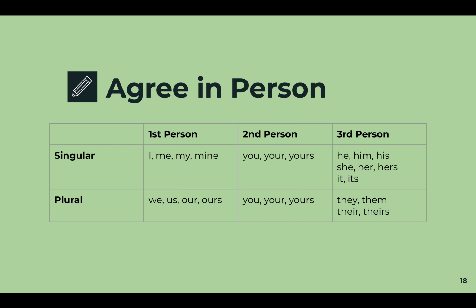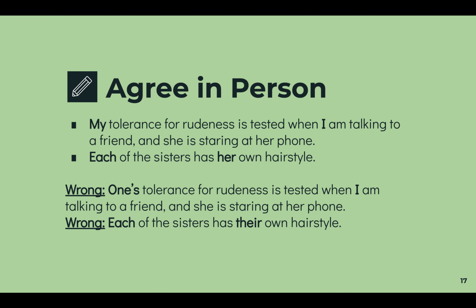Third person pronouns are different. The singular ones are he, him, his, she, her, hers, and it and its. The plural forms of those third person pronouns are they and them and their and theirs. Okay, so if we take a look here, my tolerance for rudeness is tested when I am talking to a friend and she is staring at her phone.